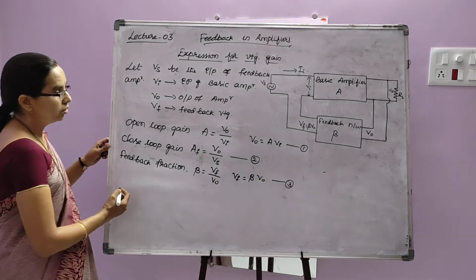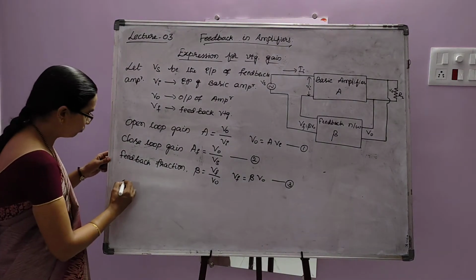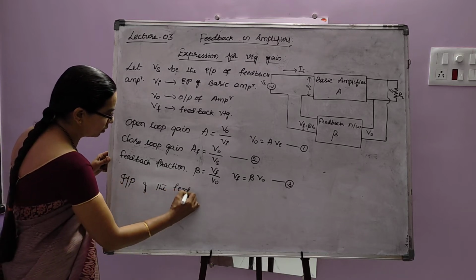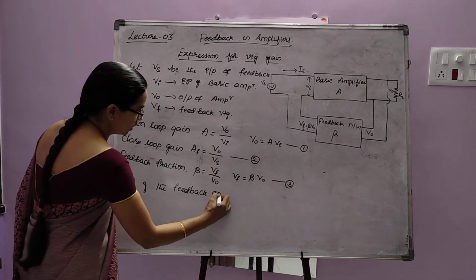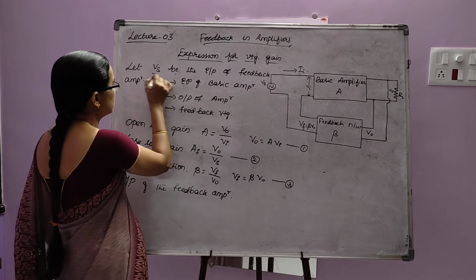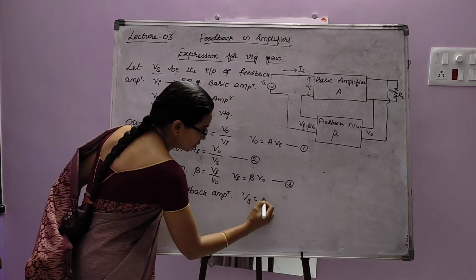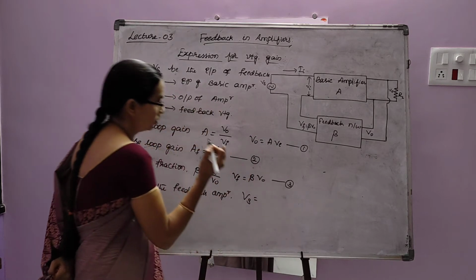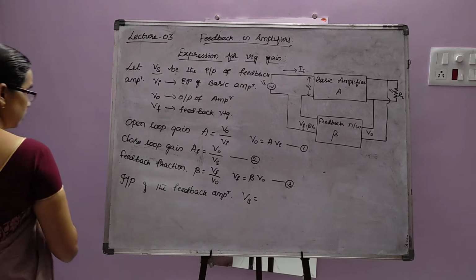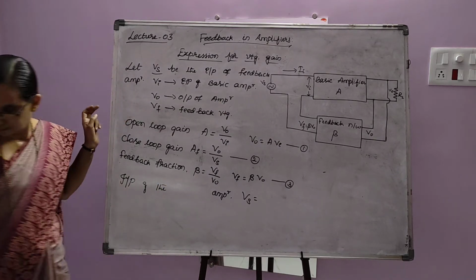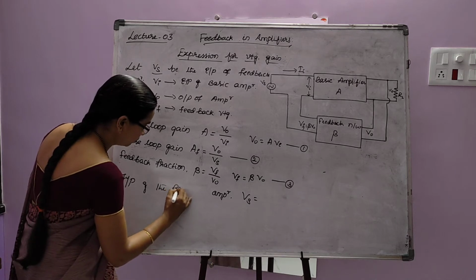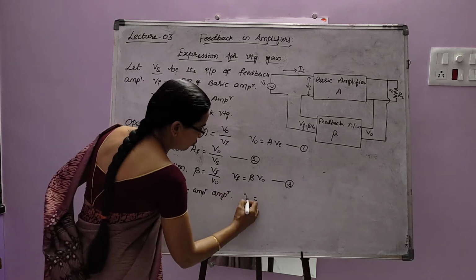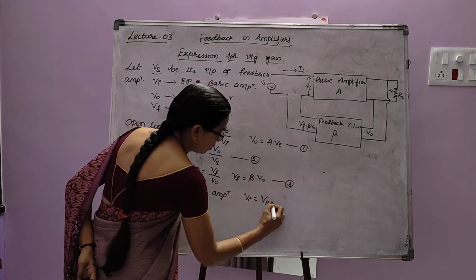Now, the input of the basic amplifier, Vi, is equal to Vs minus Vf.